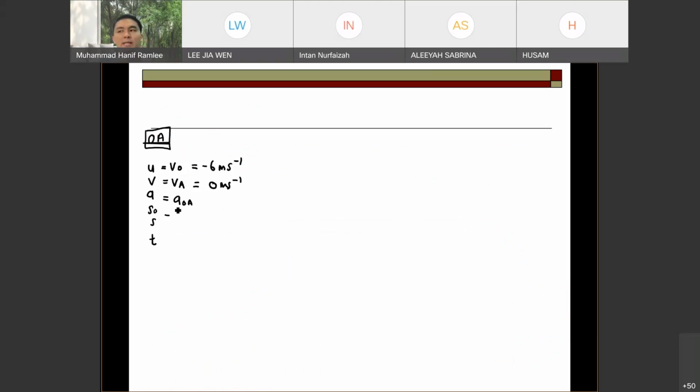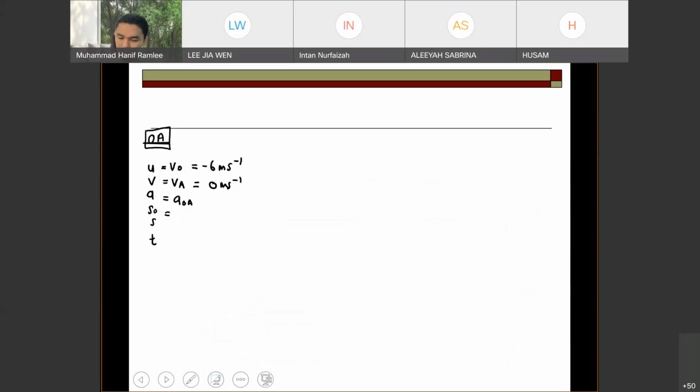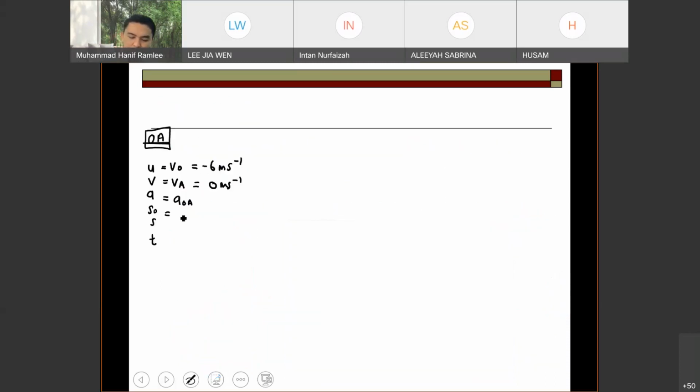S naught is the initial displacement. What is the initial displacement for this first region? Anyone? The answer is there. Yeah, negative 15, you should utilize this. When t equals 0, the initial displacement is minus 15 meter.